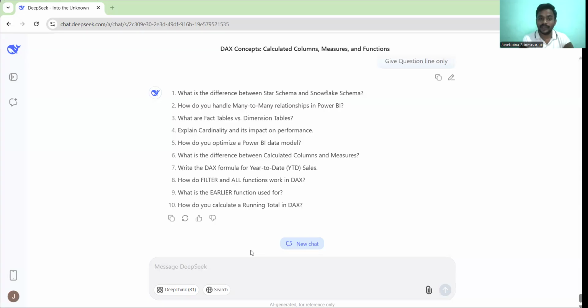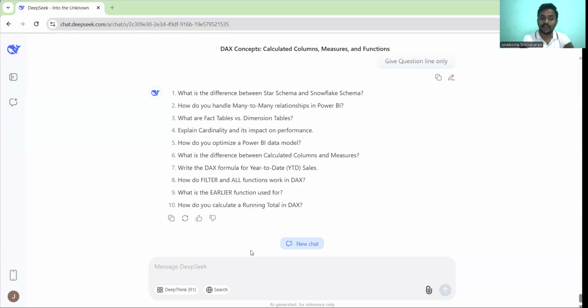Calculated columns are static. Measures are dynamic. They are calculated on the fly. Excessive usage of calculated columns reduces the performance of the report. So we mostly use measures instead of calculated columns to improve the performance of the report.